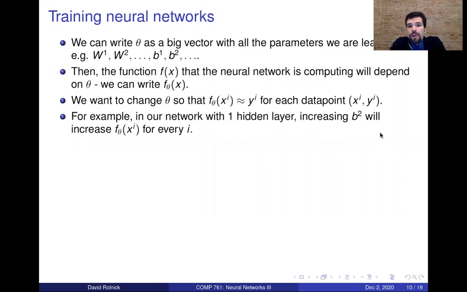For example, in our network with one hidden layer, if we increased the final bias vector, we would increase the output. If there's one hidden layer and you increase the output bias, you increase the output of the network. So that would be an easy way to change theta to change the final function. Maybe increasing the output is a way to better approximate the data that we're observing.